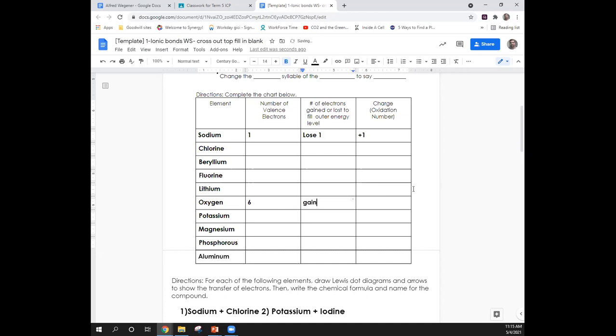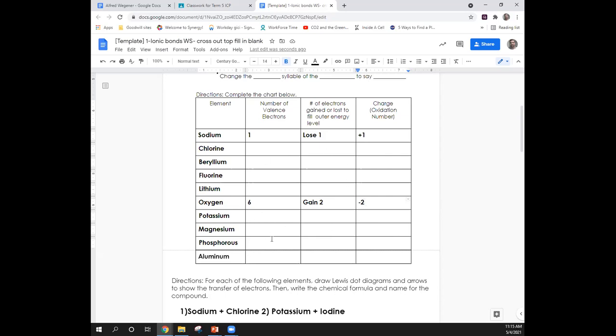Gain 2. Right. And when it gains 2 electrons, what's its overall charge now? -2. It is -2 because each time I gain an electron, it's another negative charge. So if I gain 2 electrons, I get a -2 charge. So I then have 2 more negative parts than I do positive parts.